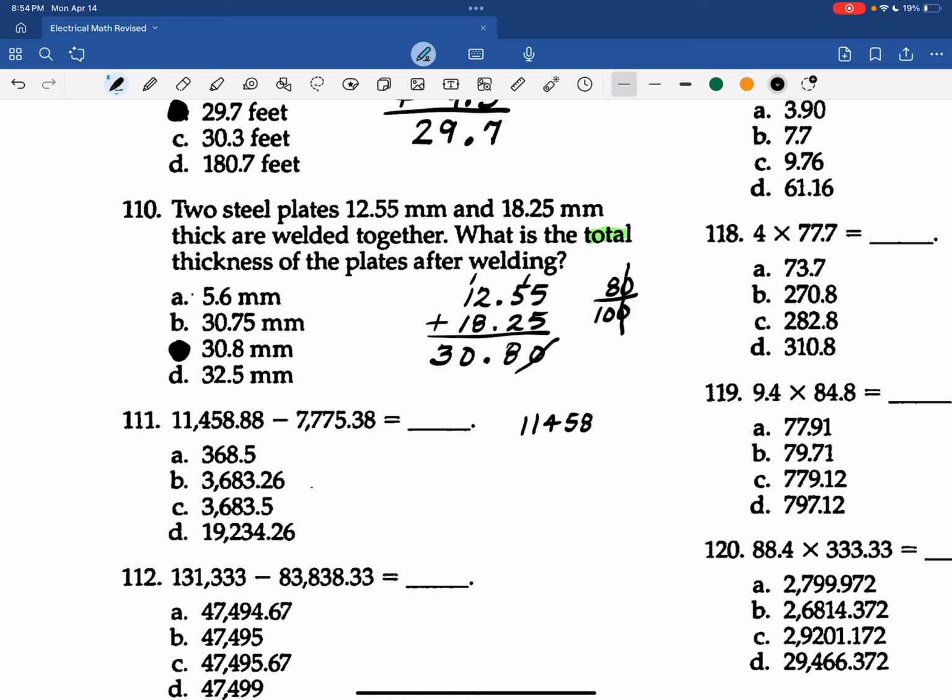11,458 and 88/100 minus 7,775 and 38/100. Have to borrow here.